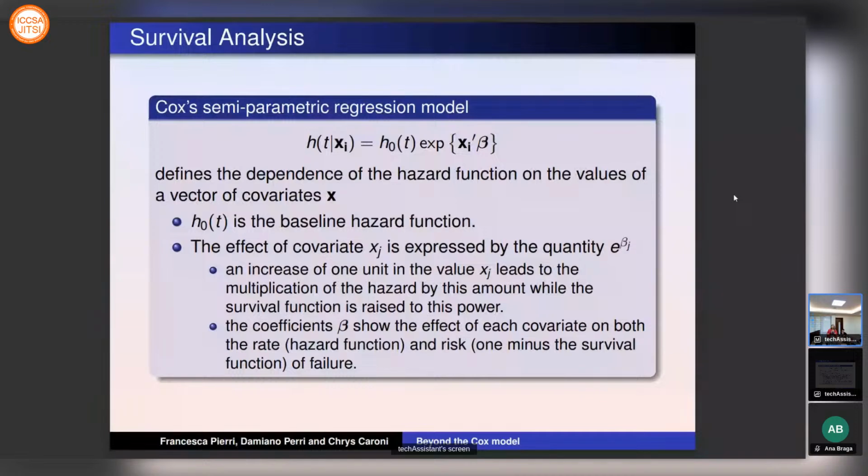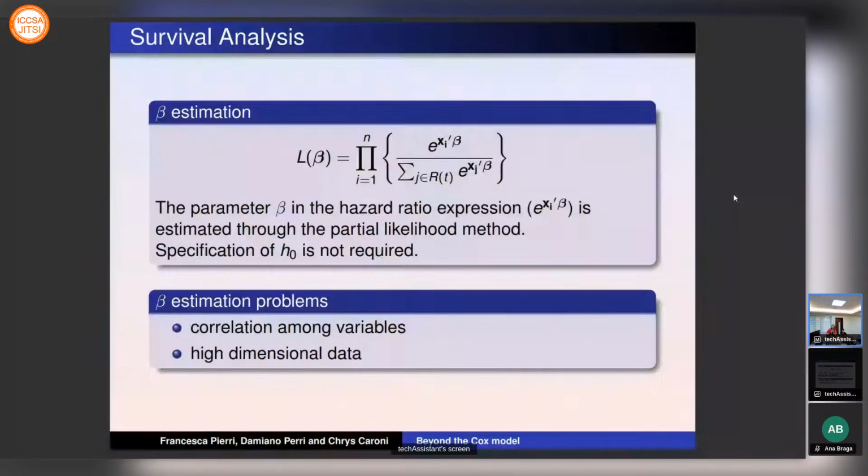And the coefficient beta shows the effect of each covariate on both the rate and risk of failure. The estimation of beta is effected through the partial likelihood method, and no specification of the baseline is required.